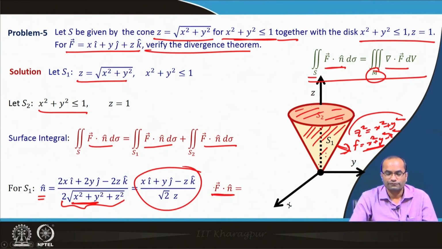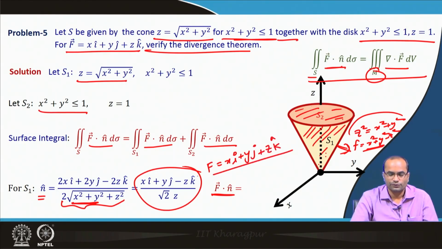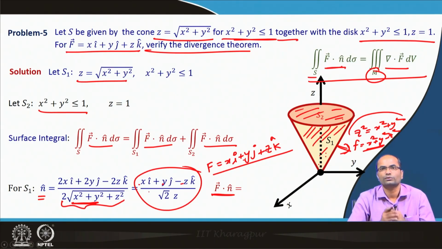And then if we compute f dot n, what was the f? The f was x i plus y j plus z k. So, if we compute this f dot n, we have x square, y square, then minus z square, divided by the factor square root 2 z.